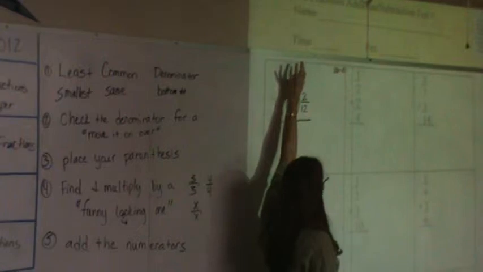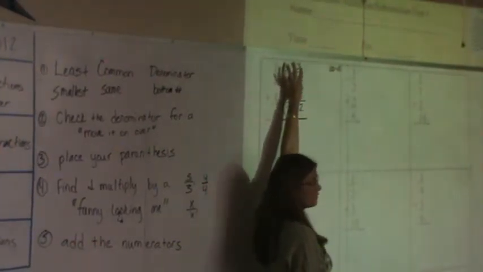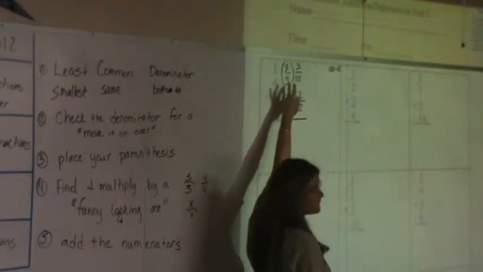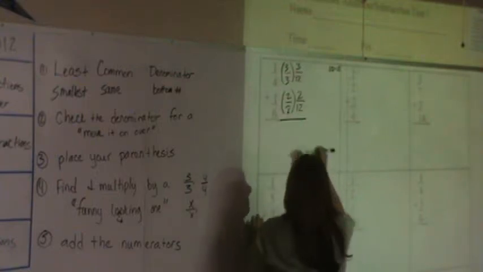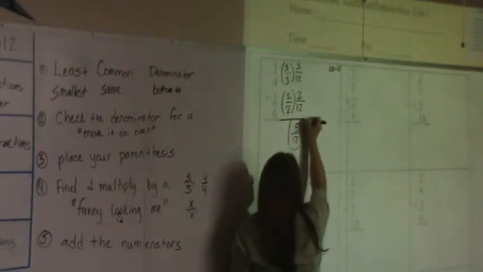The numerator of this fraction is? 3. Get a sentence, please. The numerator of our fraction is 3. Perfect. The numerator of this fraction is? The numerator of that fraction is 2. Good. 3 plus 2 is? 5. Over 12, and we are going to circle our answers.